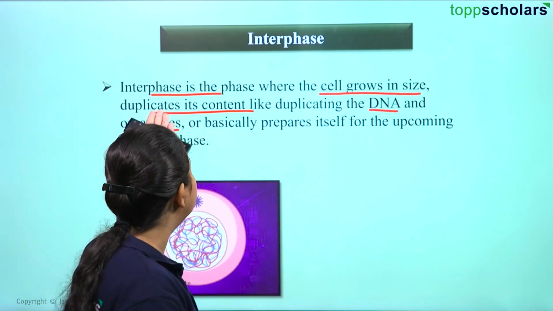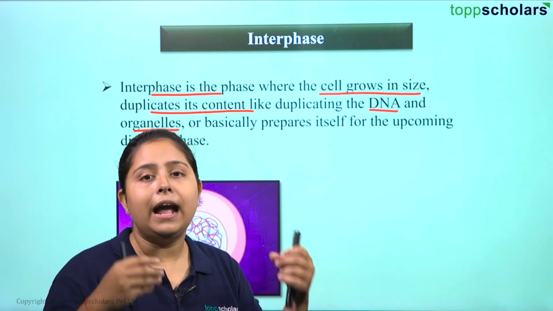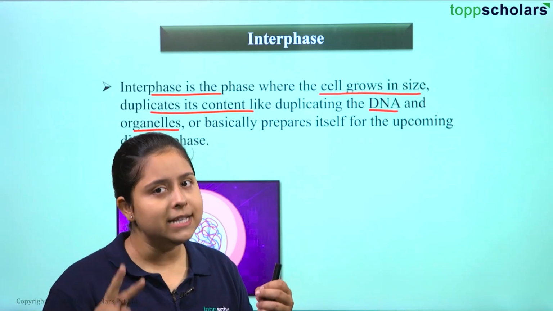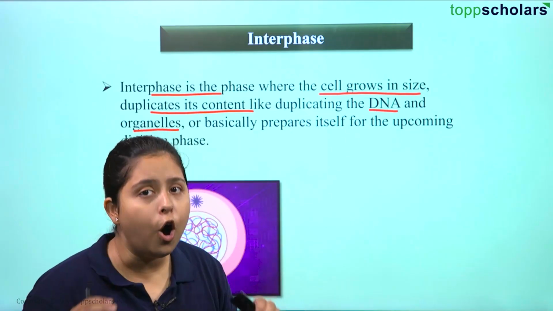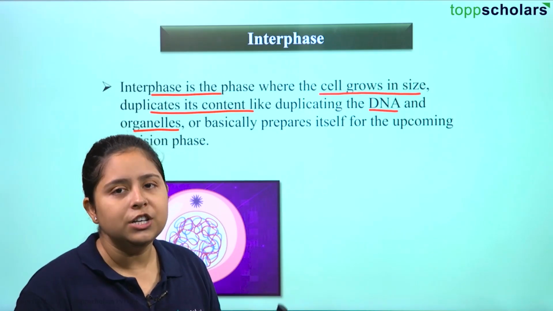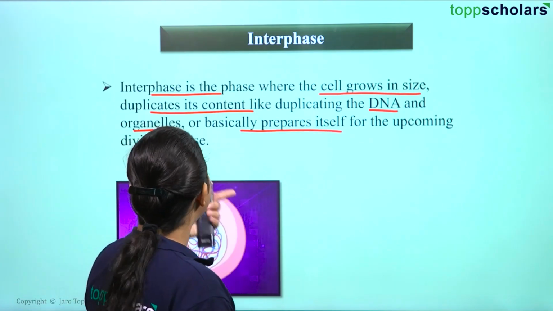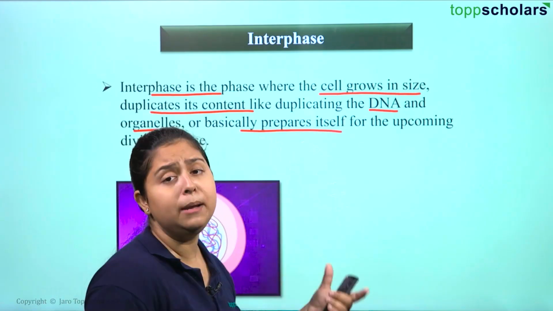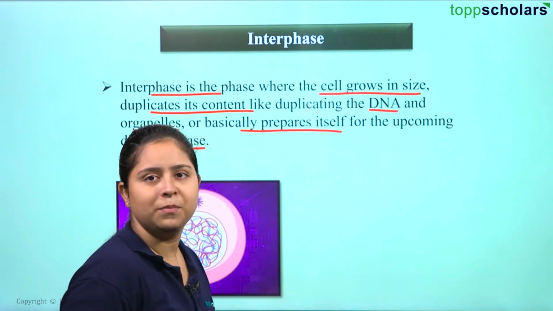That's why in interphase we have duplicated the DNA, which is to be separated and segregated into two daughter cells. Similarly, we have also duplicated the organelles, which is also essential for the survival and functioning of the daughter cells, right? So basically we can say that in interphase, the cell prepares itself for the upcoming division phase.